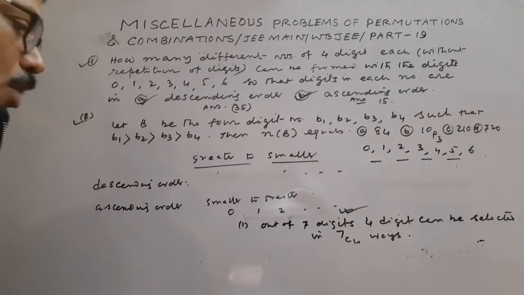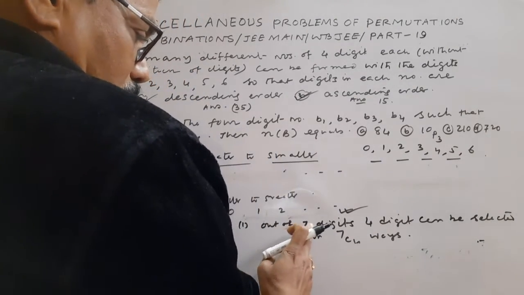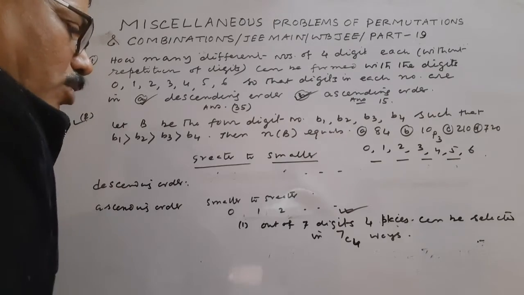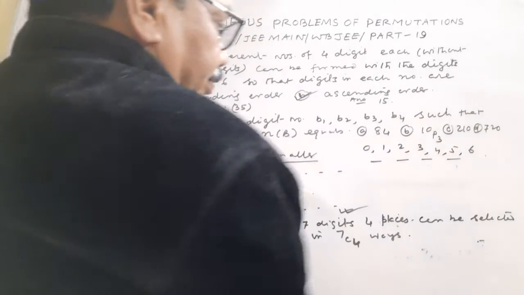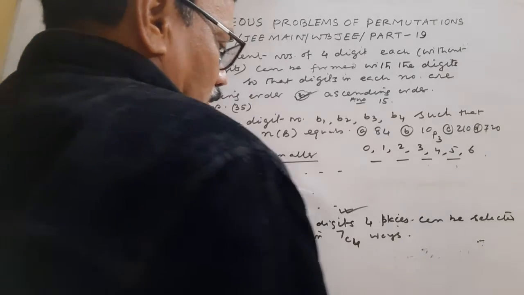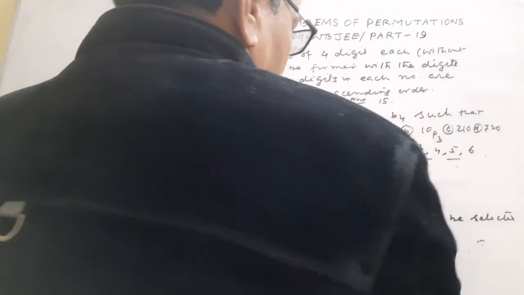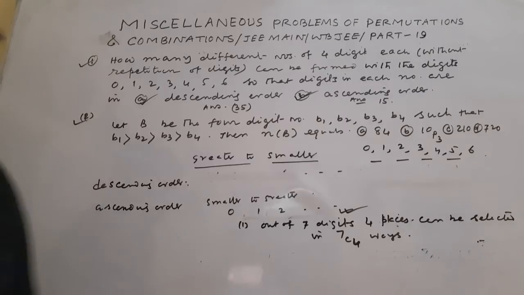Out of 7 digits, 4 can be selected in 7C4 ways. In this order you can also take 0 as the first place.